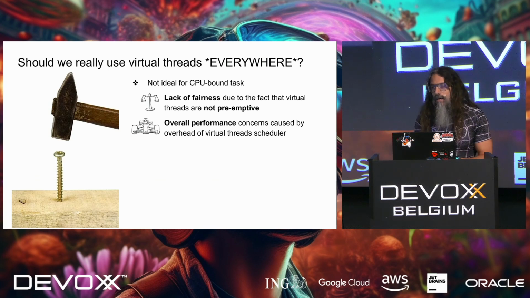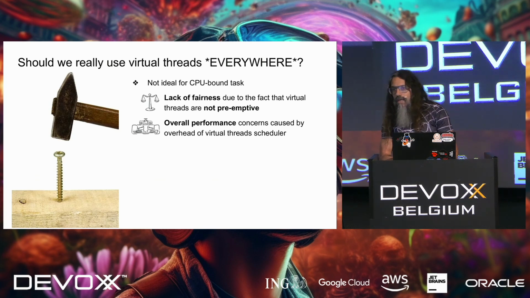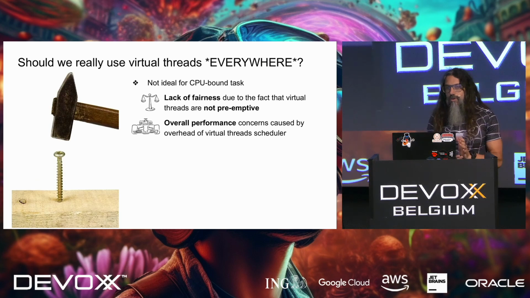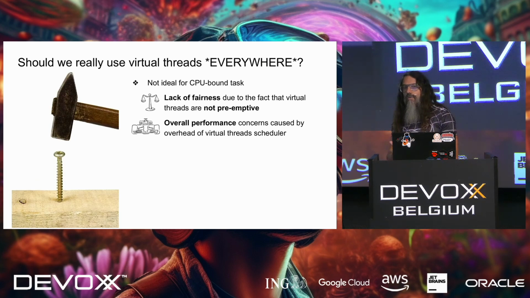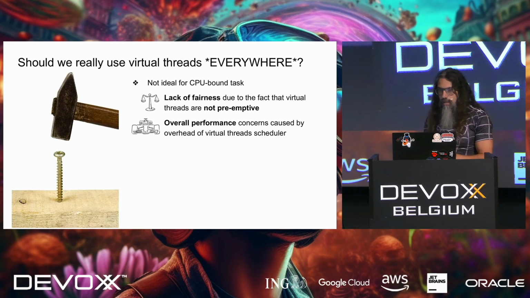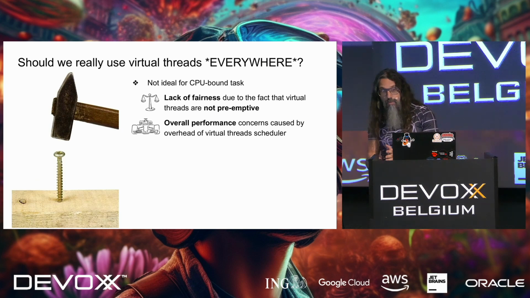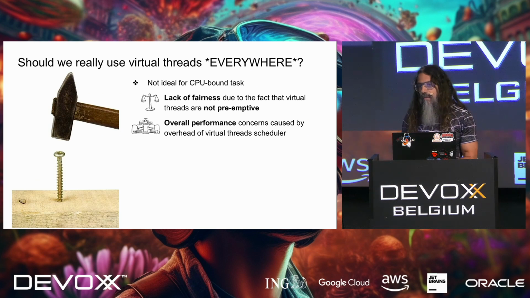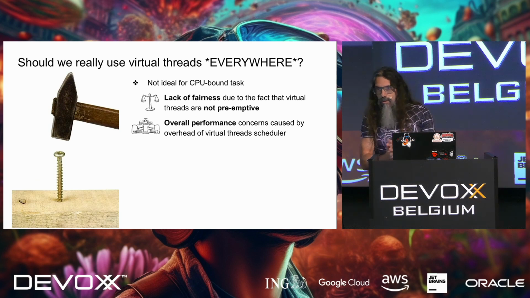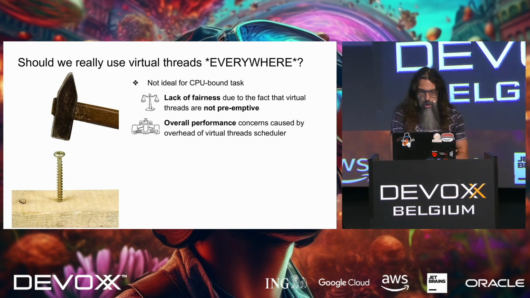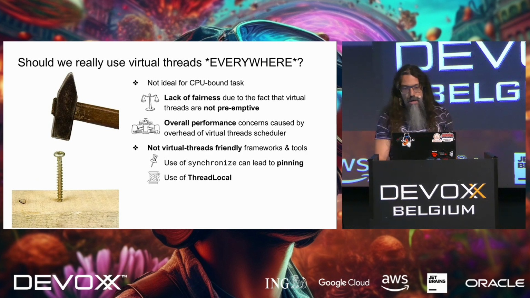In reality, virtual threads are not so good for CPU-bound tasks. First of all, because there's a problem with fairness, because they are not preemptive. And there could also be some performance problems introduced by the virtual thread scheduler.